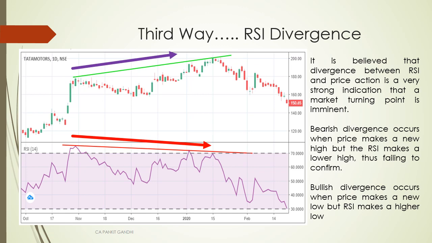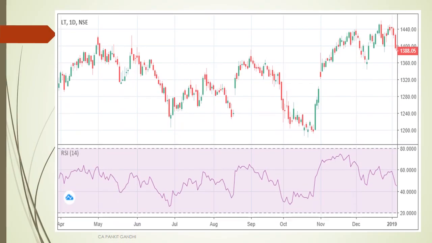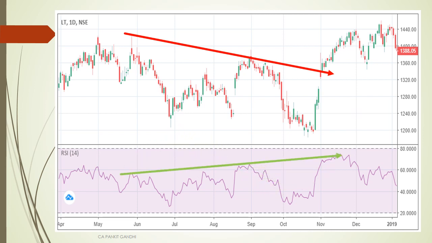Same way there is a bullish divergence, where we can see in the LNT chart the price had made a lower high and the RSI has made a higher high.